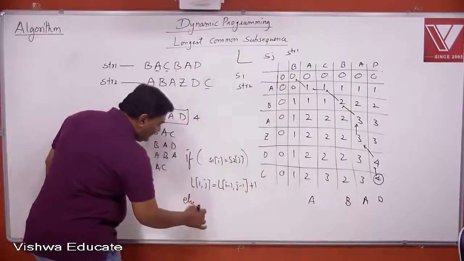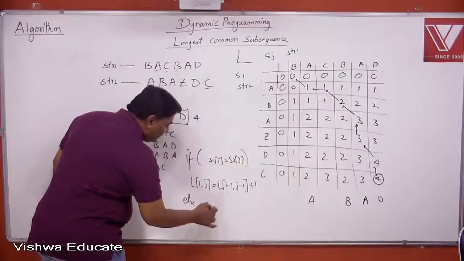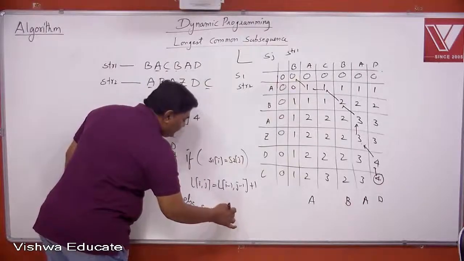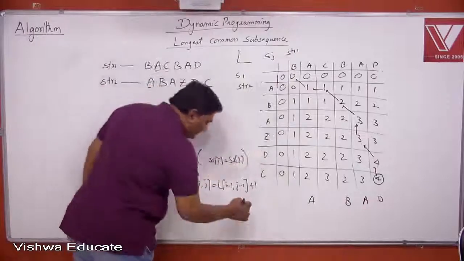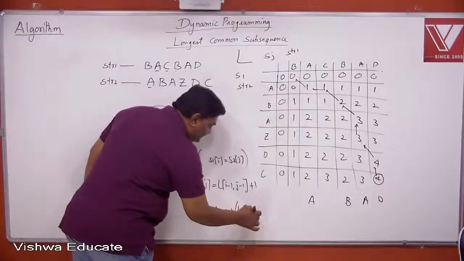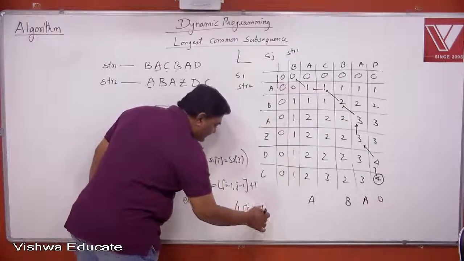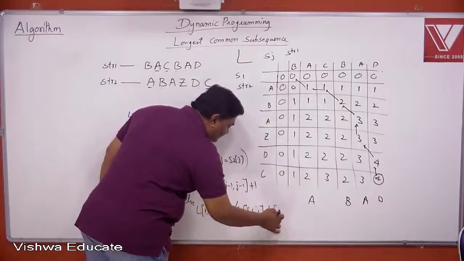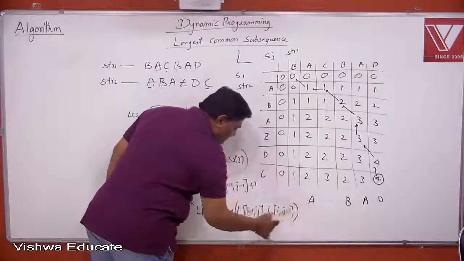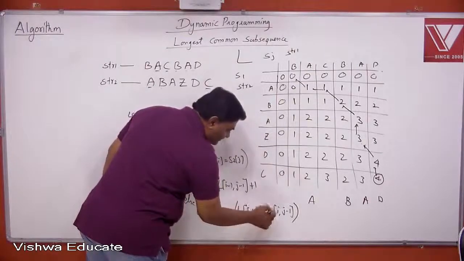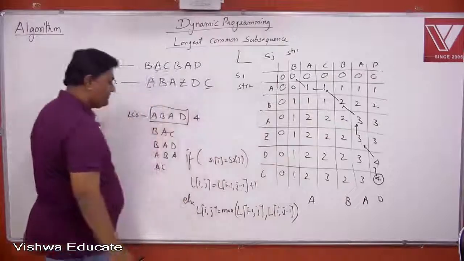Otherwise, L of i, j will be the maximum of L of i minus 1, j or L of i, j minus 1. This is the formula for the longest common sequence.